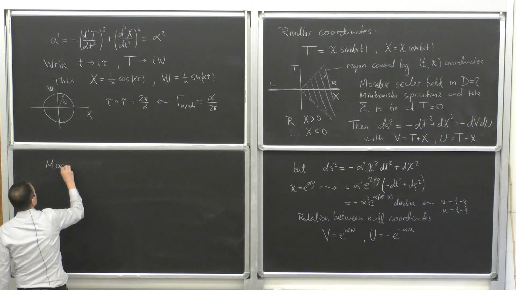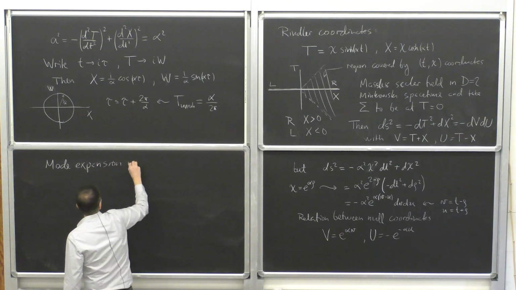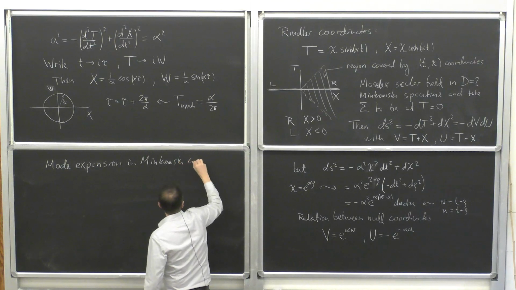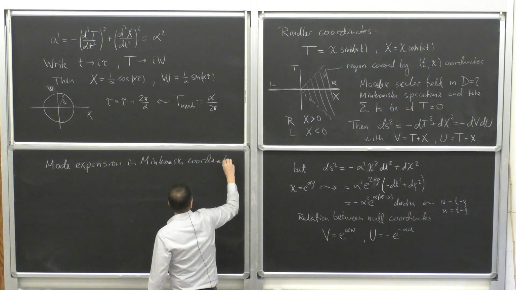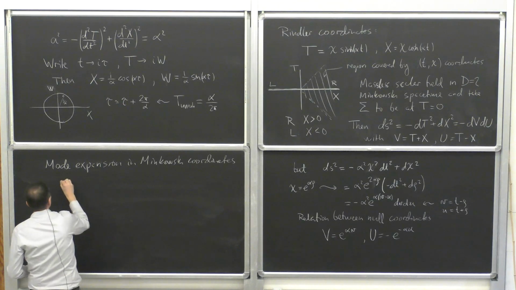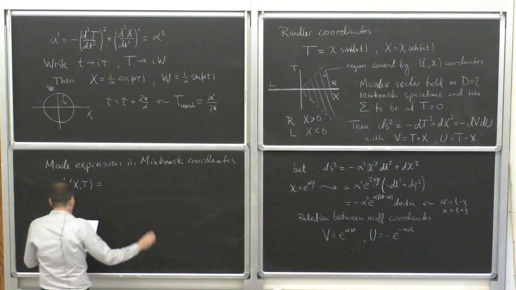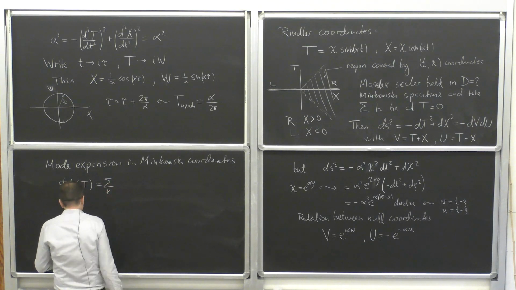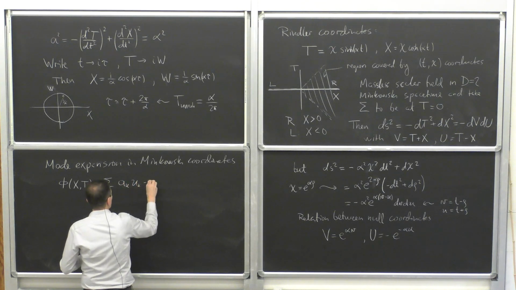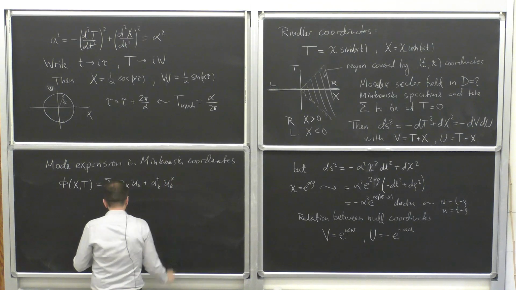We can do a mode expansion in Minkowski coordinates. So we would say phi of X and T can be written as a sum over my modes, u_k, just as before.